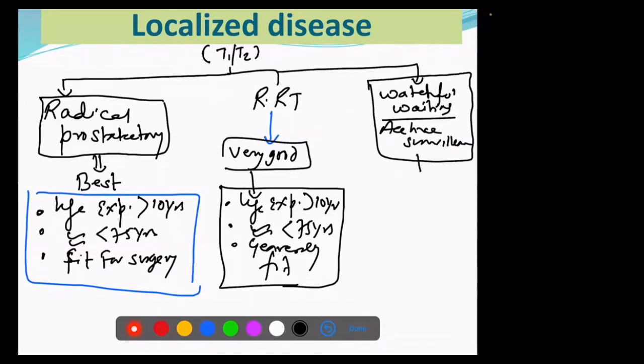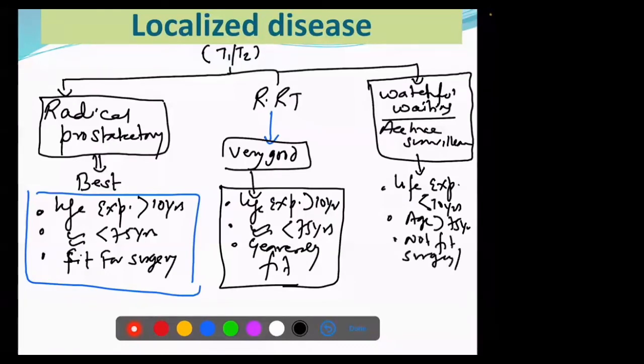When the patient has localized disease but is not fit for radical radiotherapy or radical prostatectomy, suppose the life expectancy is less than 10 years, or age is usually more than 75 years, or not fit for surgery or even radiotherapy, a very ill patient.